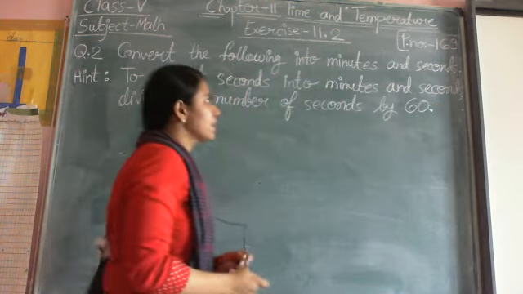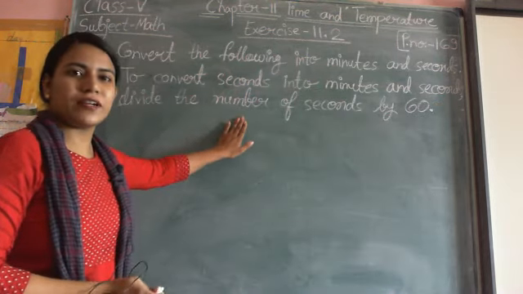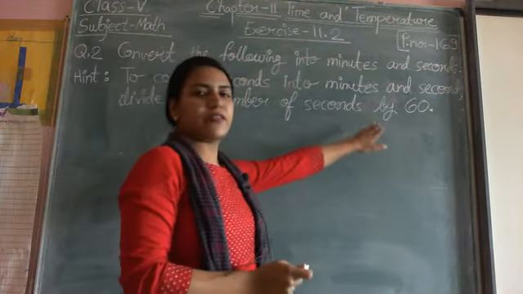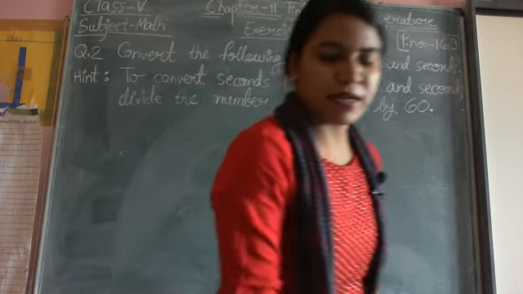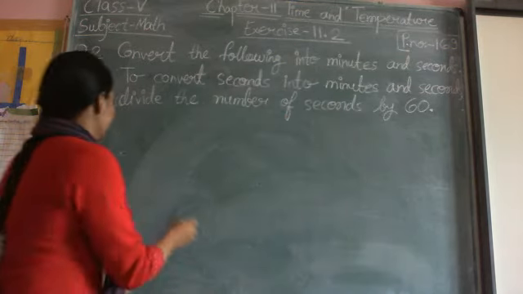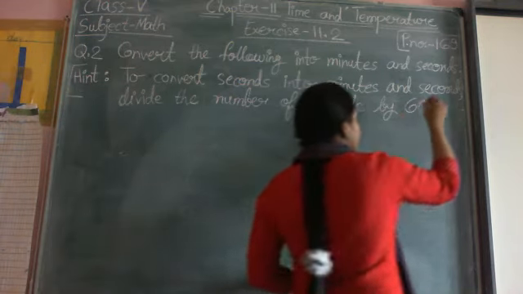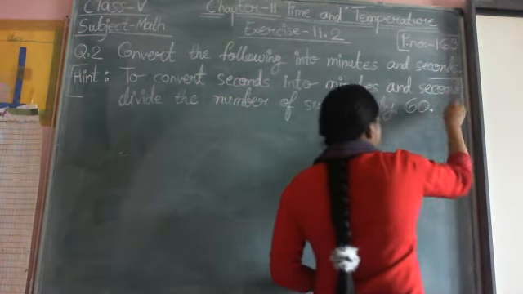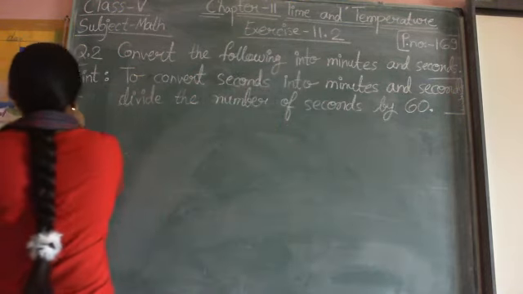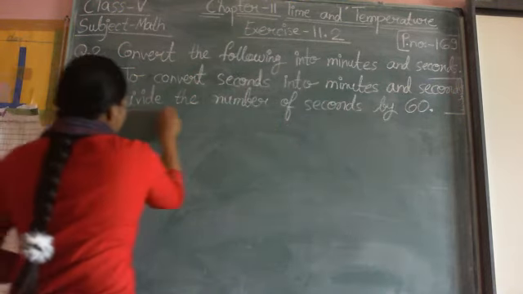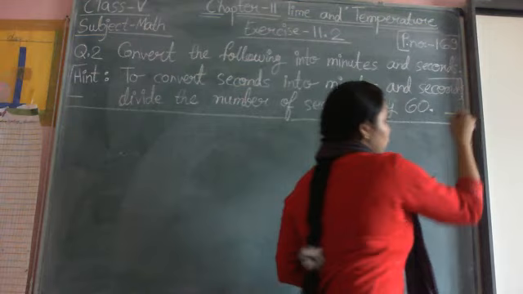What is the hint? To convert here, what will we do? We will divide the given number by 60. To solve this question, remember this hint. We will use this hint to solve all the parts of question number 2.